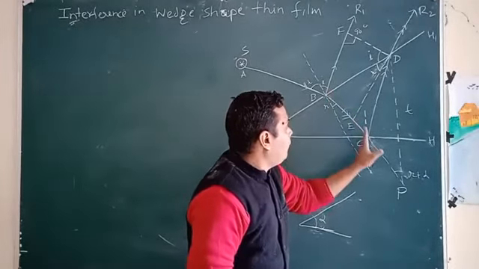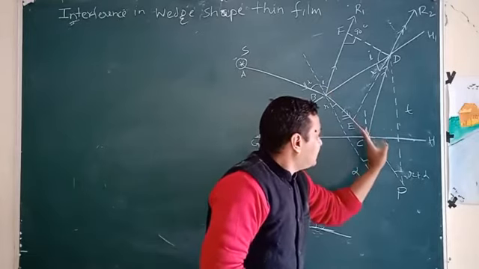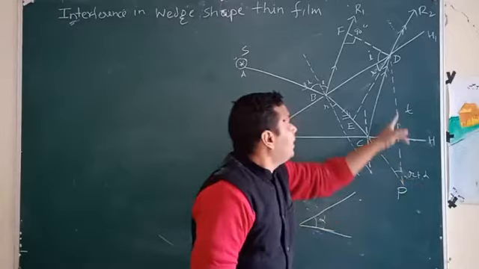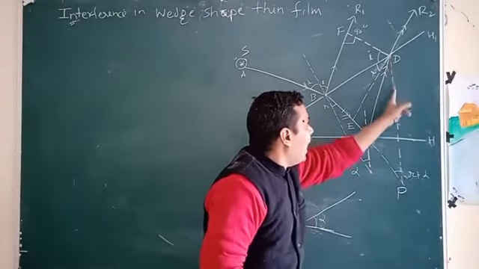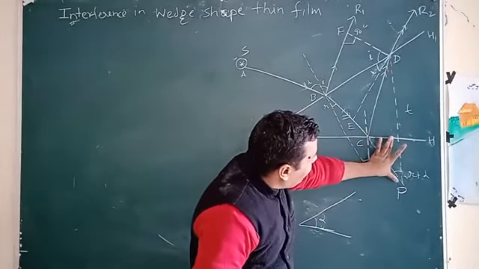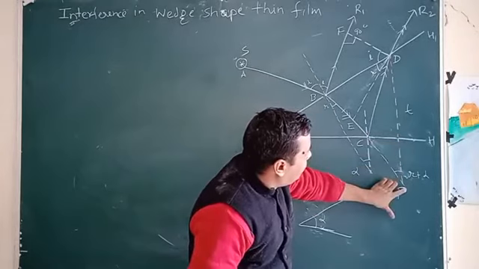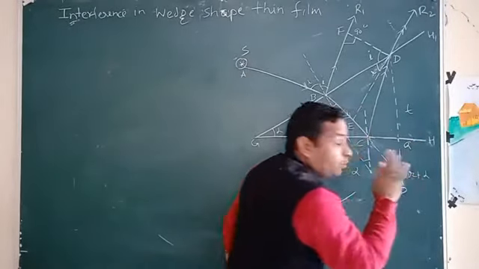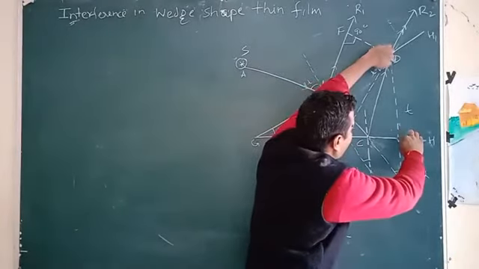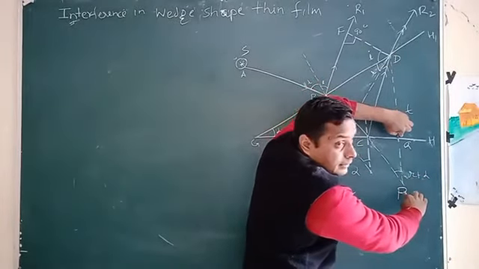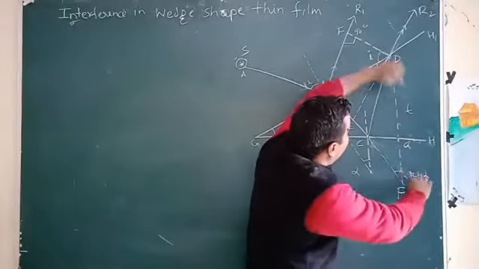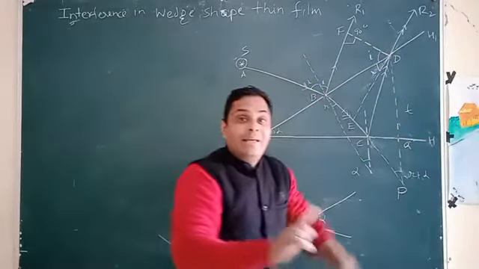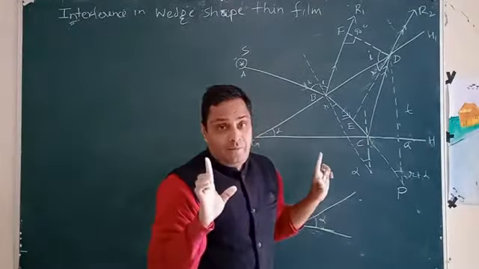What do we do here? We extend this ray to the point P, and draw this line, so HP is t. For example, this is Q, so QP is equal to t. The equal thickness t will be the same here. Though it is not clearly seen, it will be equal, that is DQ and QP, again equal to t.